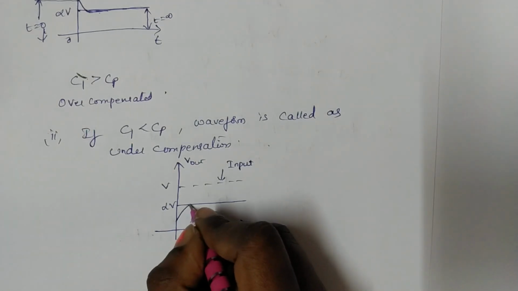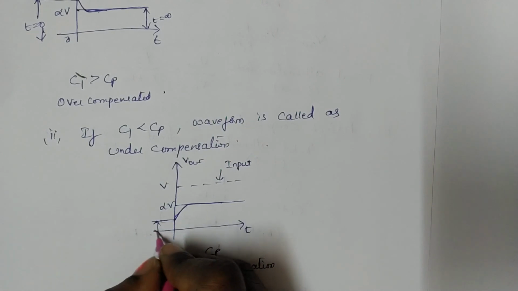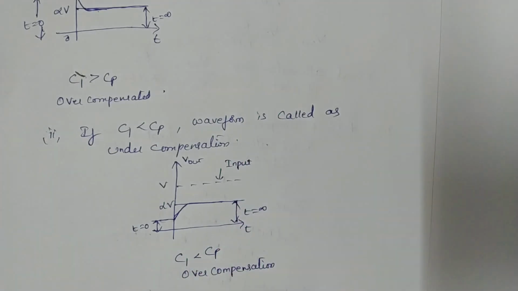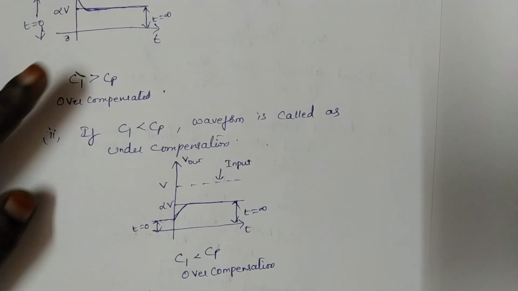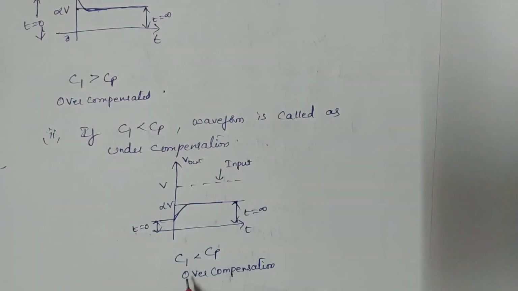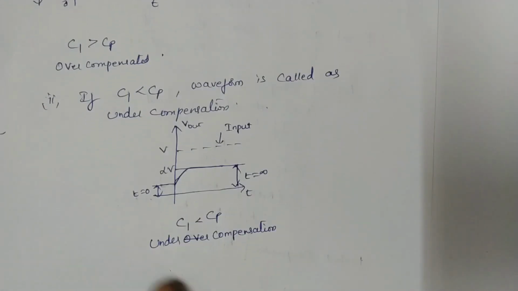See here, it will start from here. That means this term is t equal to 0 and this term is t equal to infinity. When t equal to 0 and t equal to infinity are equal, then it is called a perfect compensation. If they are not equal, when C1 is greater than Cp, we call it overcompensated. If C1 is less than Cp, it is called undercompensation of an attenuator.